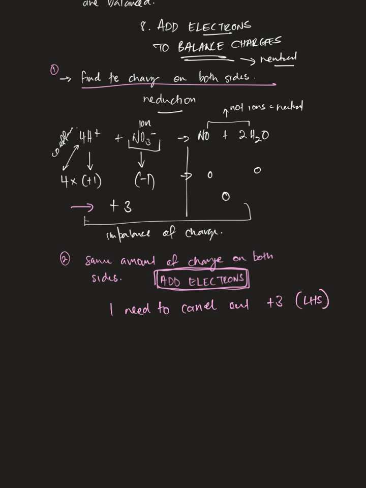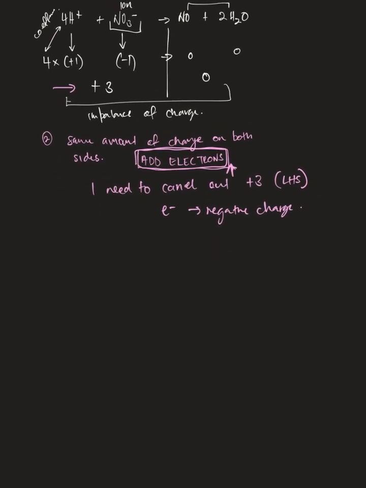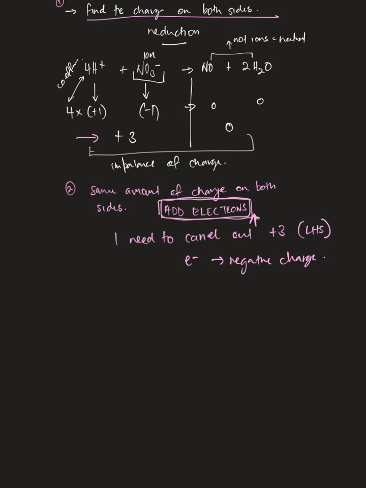And I know that I can do that by adding in electrons, and electrons have a negative charge. So all I'm going to do is add electrons onto the side that needs it. On the left hand side, it's very positive. I want it to be completely neutral. So I'm going to say 3 electrons are being added there to the side of the reactants, and I'm left with something that looks like this.